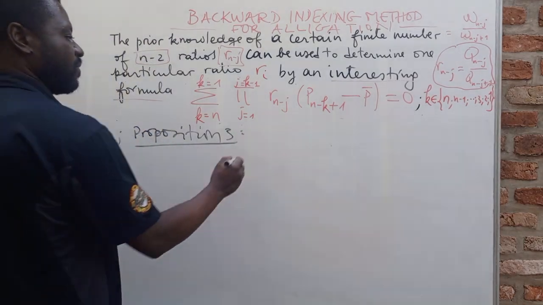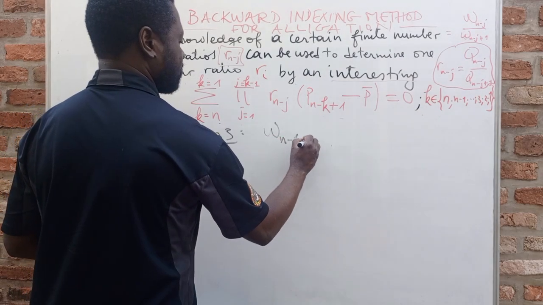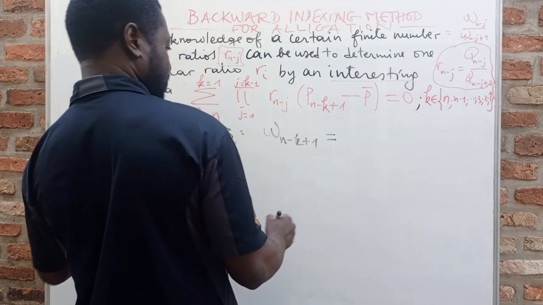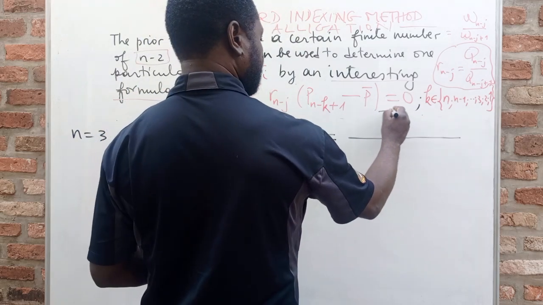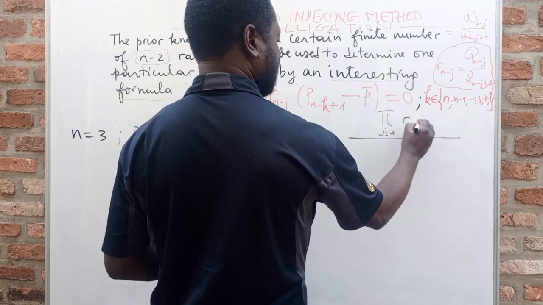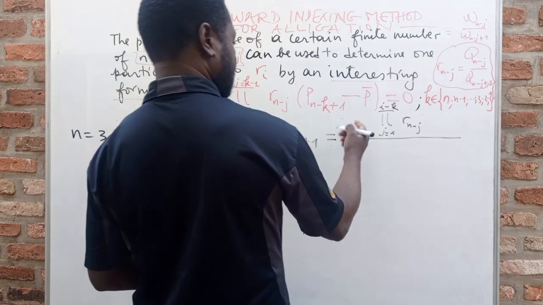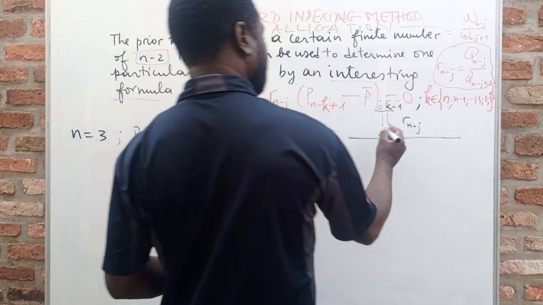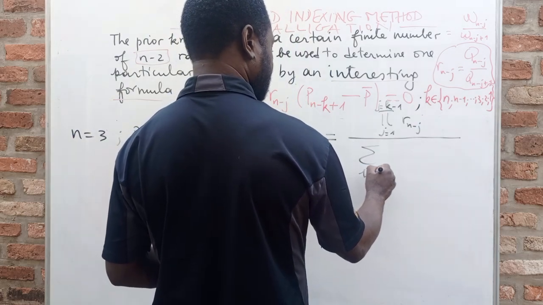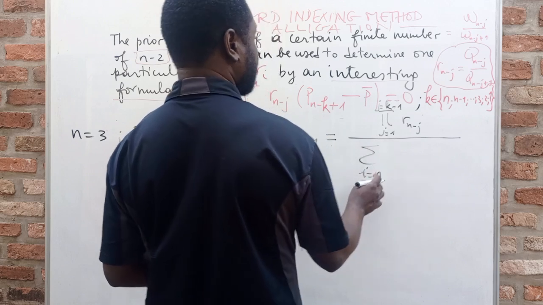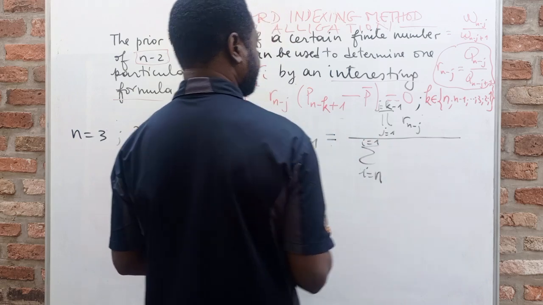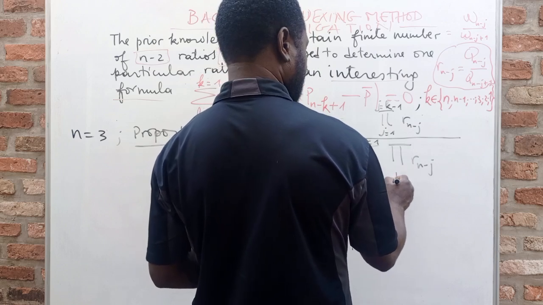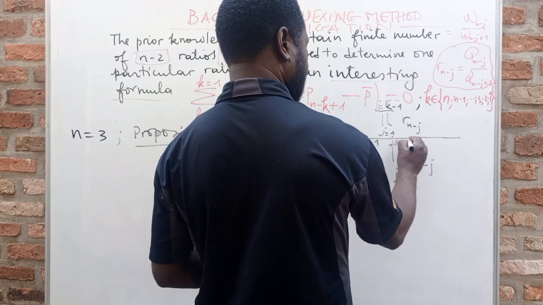It says that we can express weights, these weights, n minus k plus 1, in terms of ratios: the product of these ratios r sub n minus j, from j equal to 1 until j equal to k minus 1, divided by the sum of them, for i from n backward until i equal to 1, of these products of ratios from j equal to 1 until j equal to i minus 1.